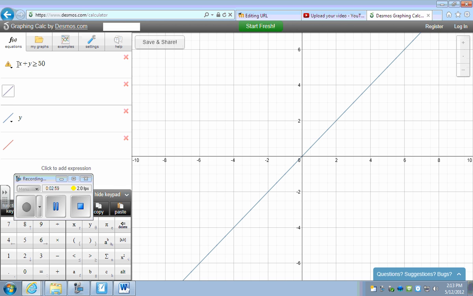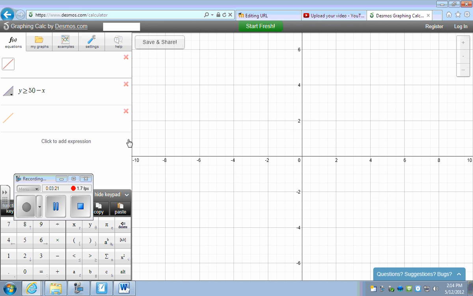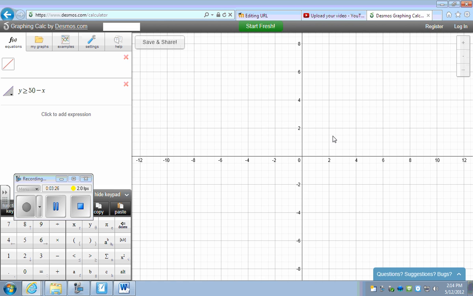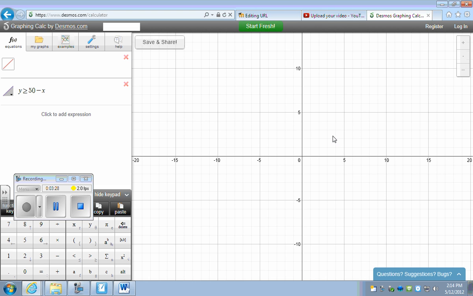Oh, something's not right that I've done here. It didn't like when I wrote it this way, so I just brought the x over and wrote it this way. It says that y is greater than 50 minus x. And I have to zoom out. The way I zoom out is just by scrolling.